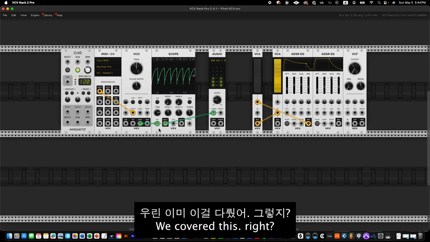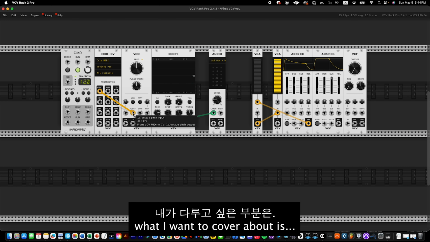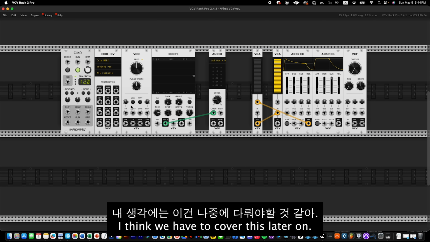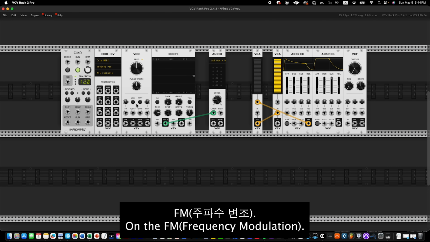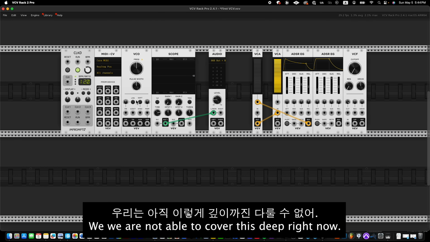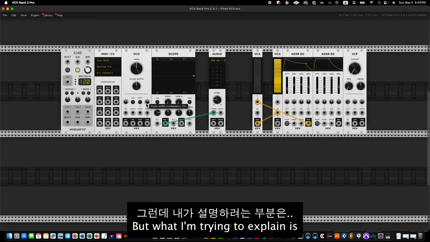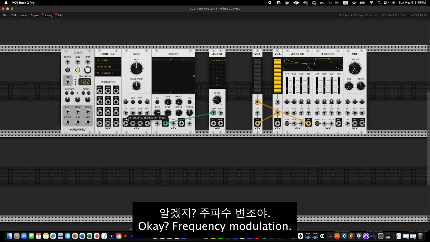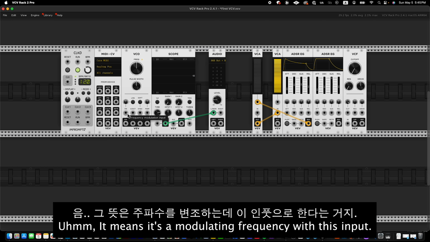Now, I think we have to cover the FM later. We are not able to go deep into this right now. But what I'm trying to explain is that FM means frequency modulation. It means it's modulating frequency with this input.